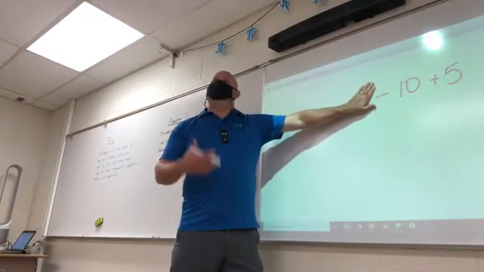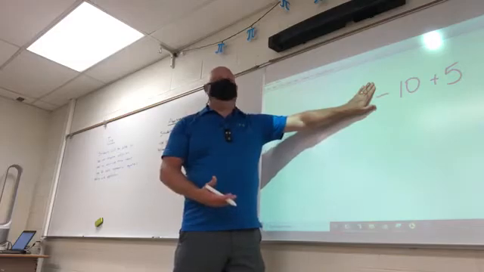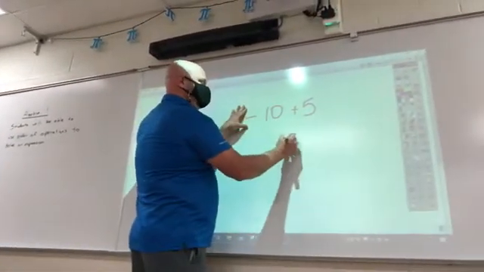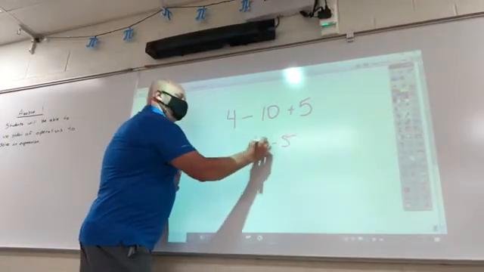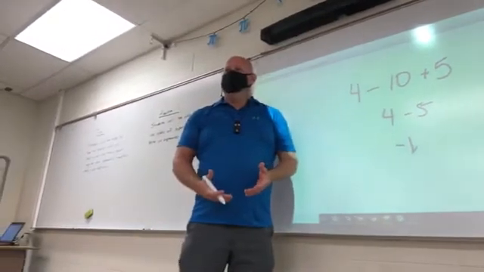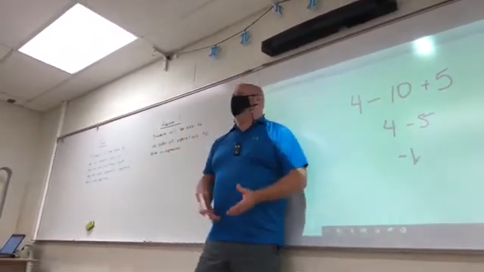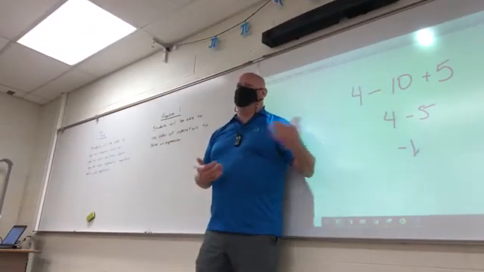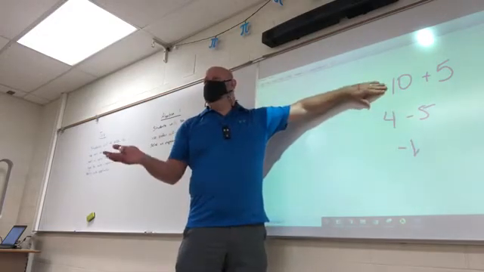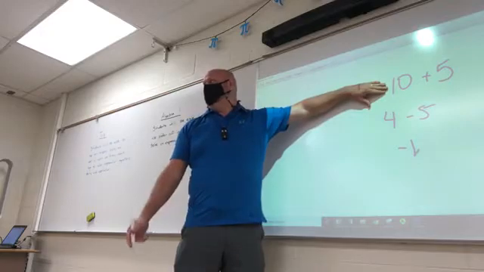If you bring that negative with you, negative 10 plus 5 is negative 5, and sure, you'll get that same answer. But what do you think is the most common mistake people will make, especially with addition and subtraction in this case? They'll just see 10 plus 5 and they'll write 15. Make sense?